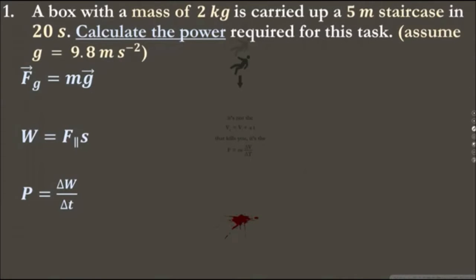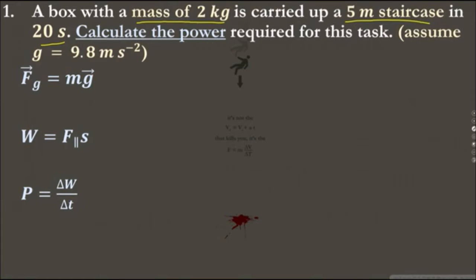Question 1, a box with a mass of 2 kilograms is carried up 5 meters. Make sure you are also underlining what the question has in terms of the values. We have it done in 20 seconds. Calculate the power required for this task. Assume g is 9.8. Okay, so we firstly need to work out work done.